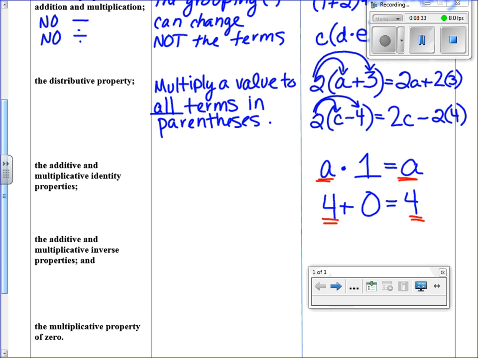So based upon that, we can come up with a definition. For multiplication, okay, let's start with additive. For addition, add 0 to any number. I'll change number to term.